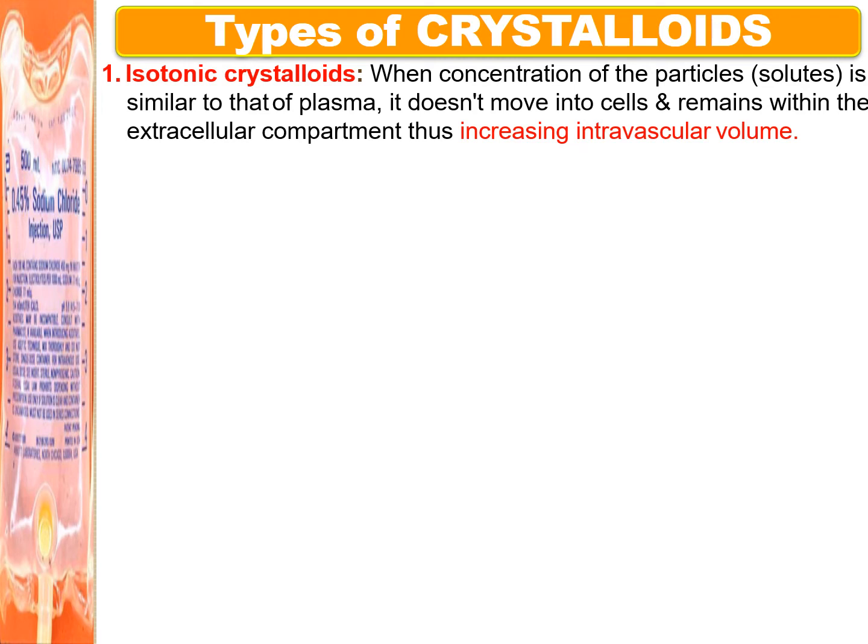When the concentration of particles or solutes is similar to that of the plasma, it doesn't move into cells and remains within the extracellular compartments, thus increasing intravascular volume. Examples of isotonic crystalloids are 0.9% NaCl, Ringer's lactate, and dextrose 5% in water, denoted as D5W.